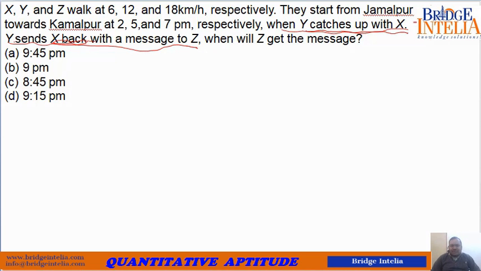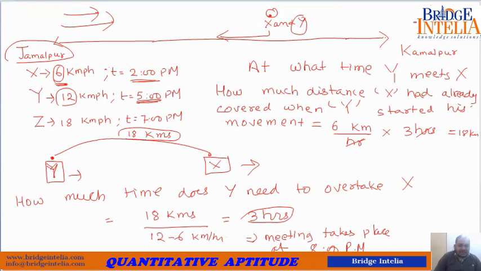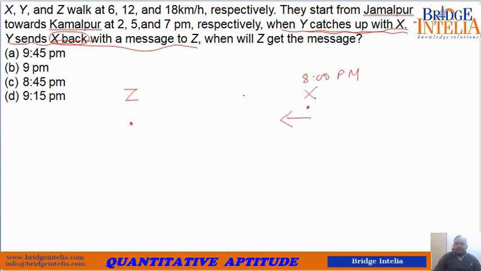After how much time will X meet Z? Now the time is already 8 p.m. Forget about Y. Y has done his job. Now think about X and Z. But there is a catch. The catch is Z has a speed of 18 kilometers per hour, but he started his travel at 7 p.m. itself.